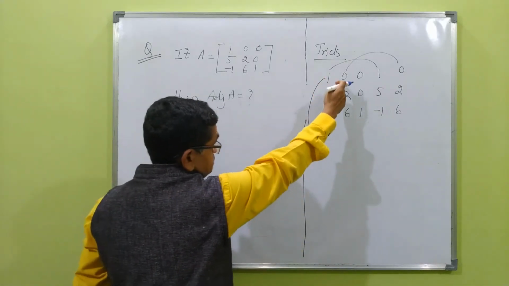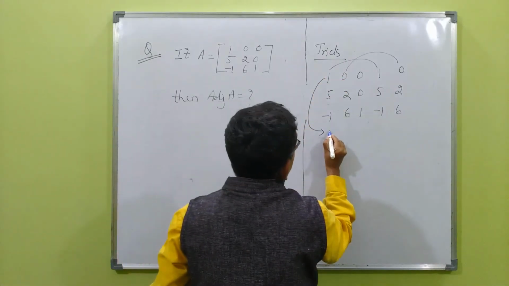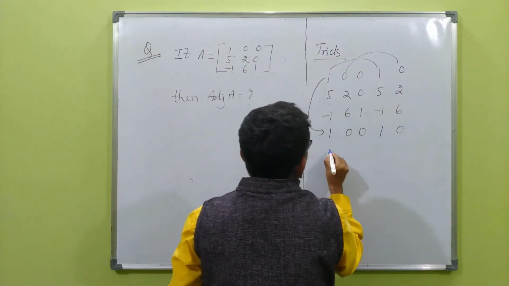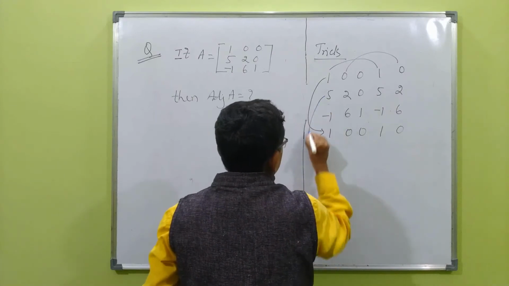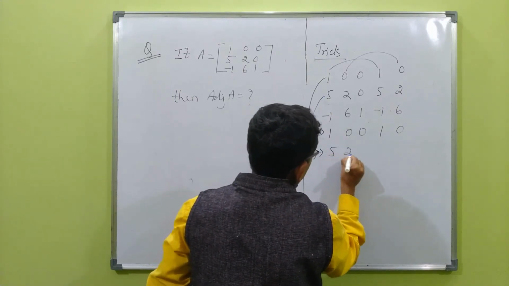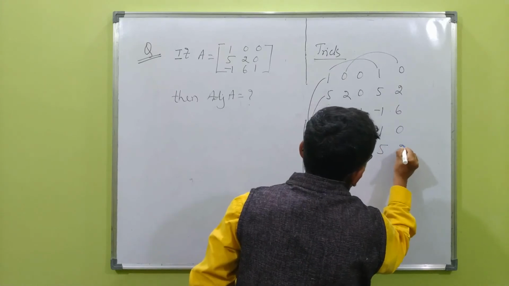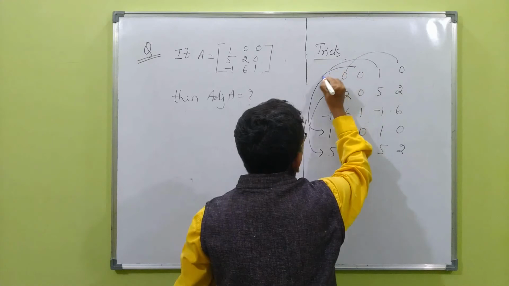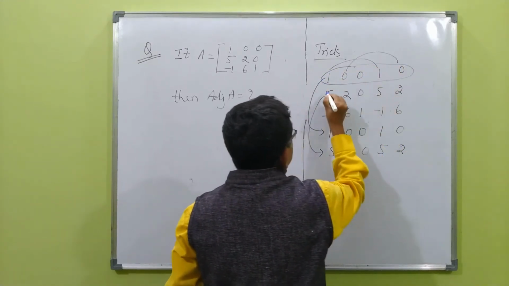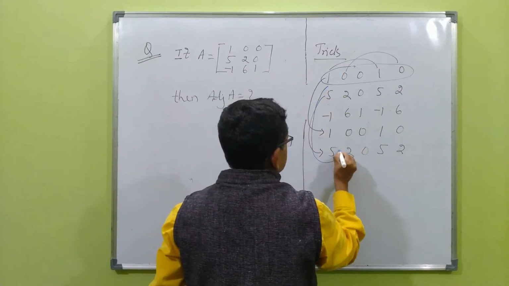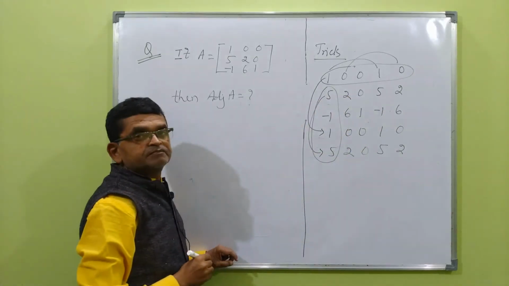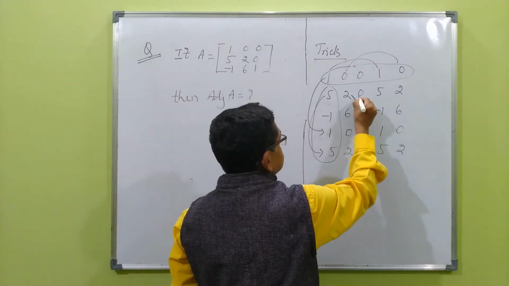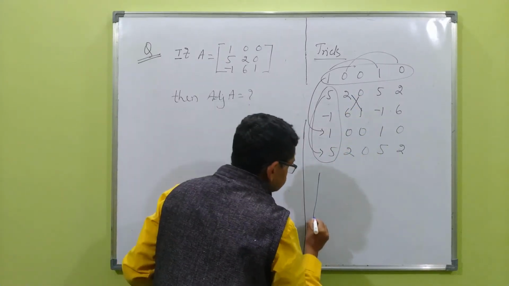Again the first row and second row, 1 0 0, 1 0, second row 5 2 0 5 and 2. You got it? Now just round off this first row and first column. Don't consider that. Then consider these two.